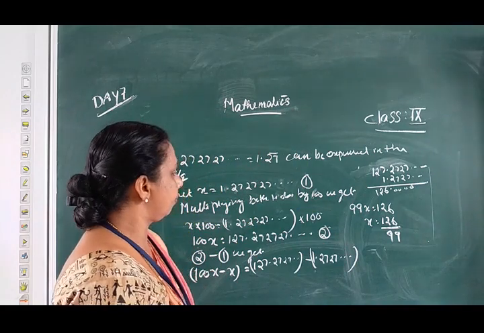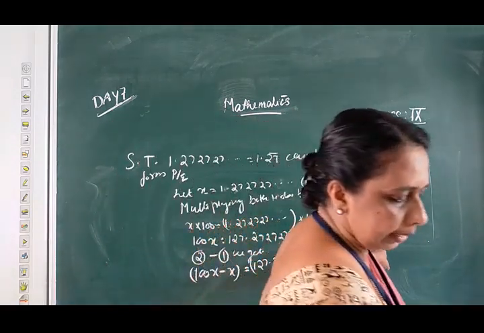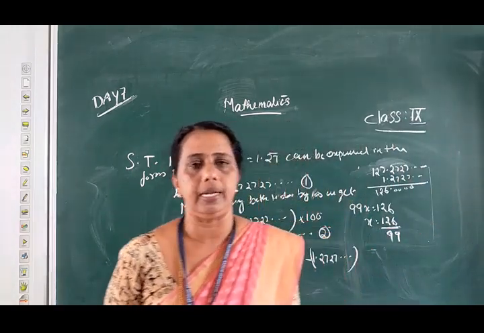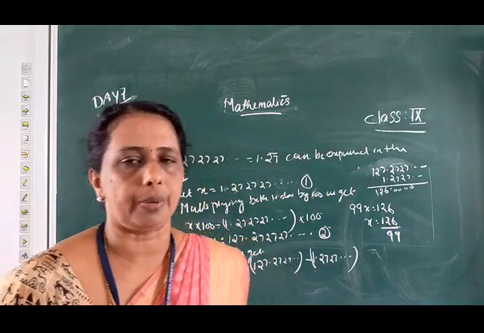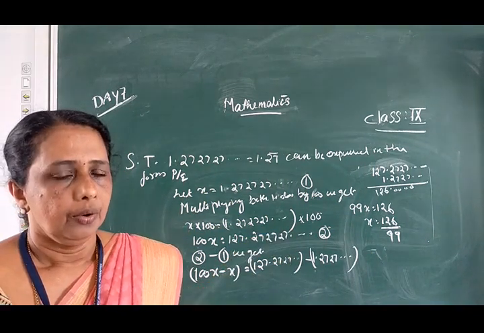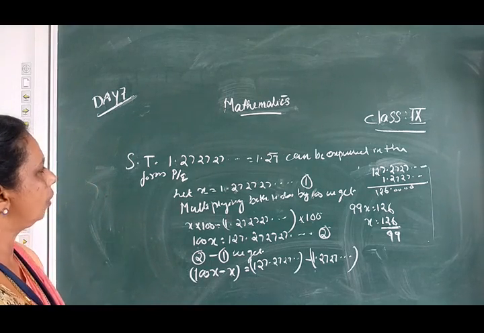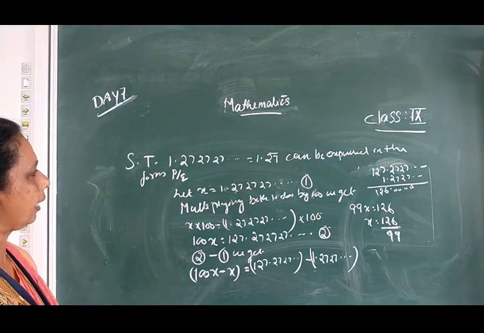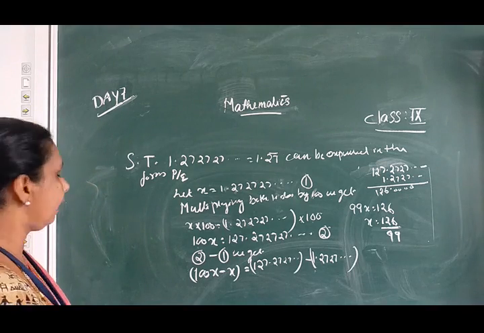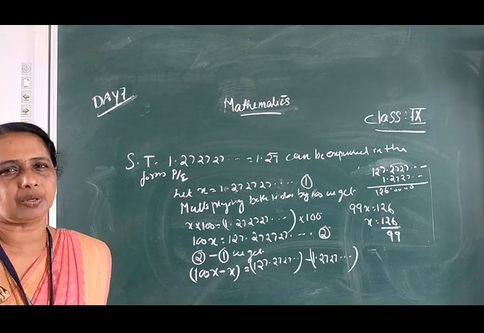Simplifying 126 by 99, we get 14 by 11. Okay, that's co-prime numbers. Now using 9 we can cut and write. This way we can convert the given non-terminating recurring decimal in the form of a rational number, that is in the form of p by q.